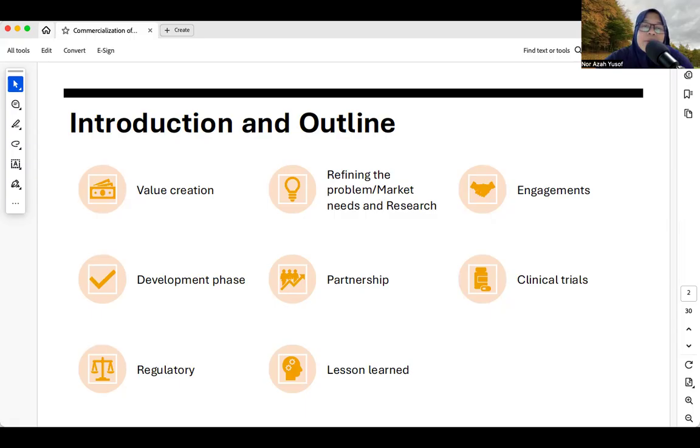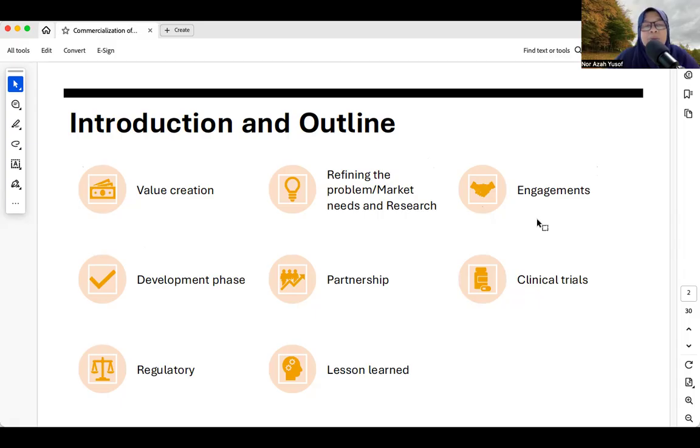You expect people will just accept the innovation that you have created. What you want to do is to create the value first. So how do you know that you are creating value for someone? These three processes, value creation, refining the problem, engagement, sometimes come together, and sometimes the engagement starts, and then you go back to value.